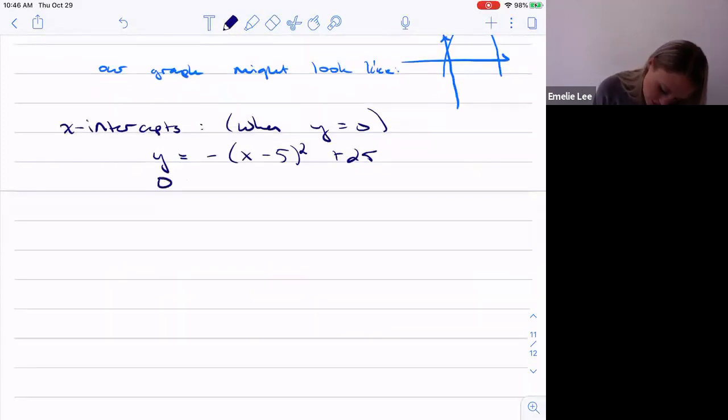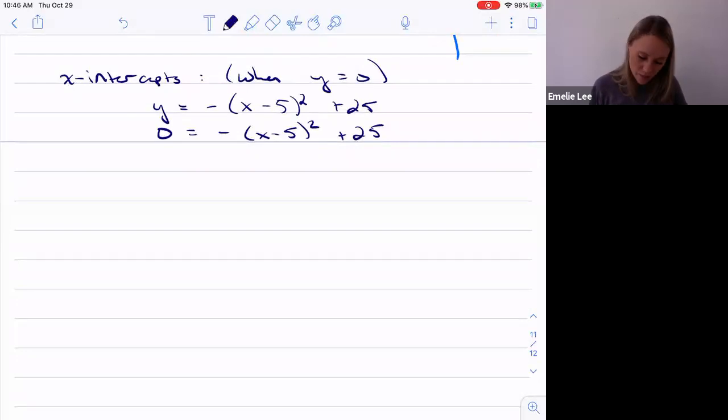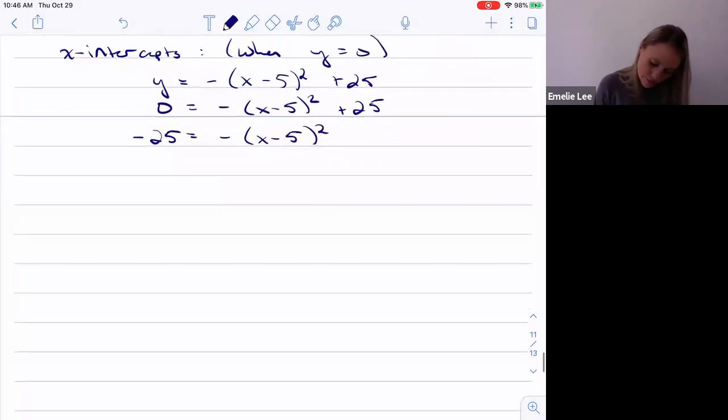Setting this equal to 0, I can subtract 25 from both sides, so I get negative 25 is negative (x minus 5) squared. Divide both sides by -1 to make the negative go away, so I get 25 is (x minus 5) squared.